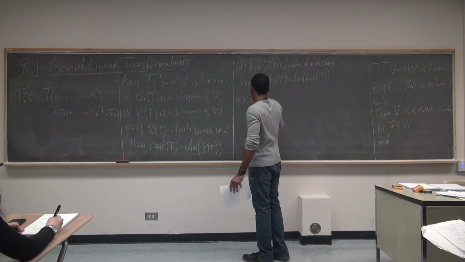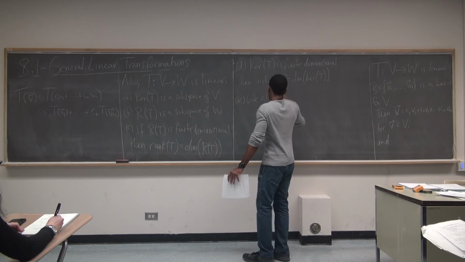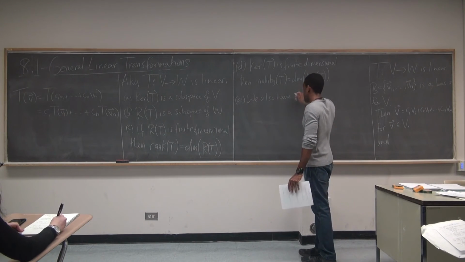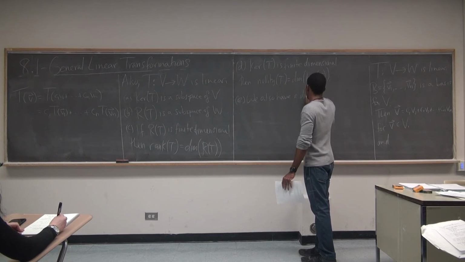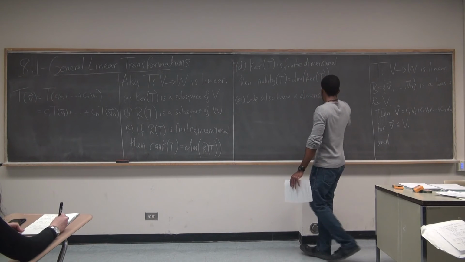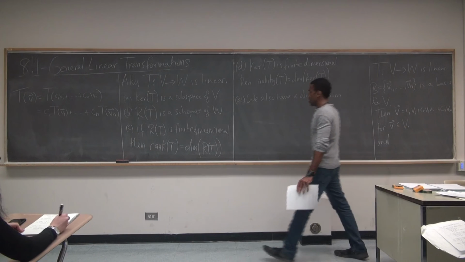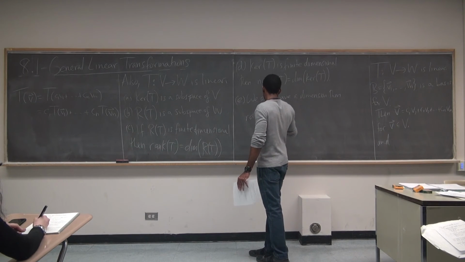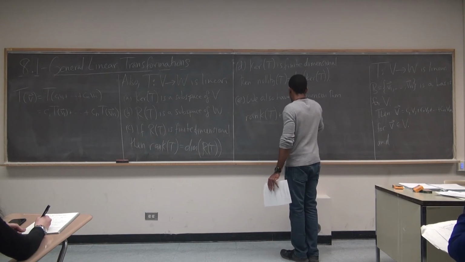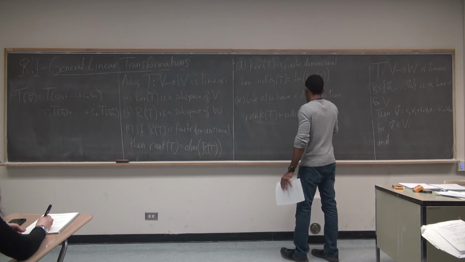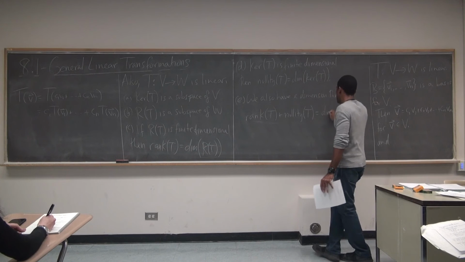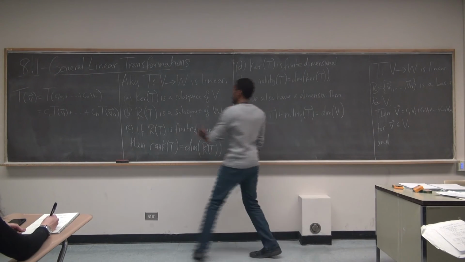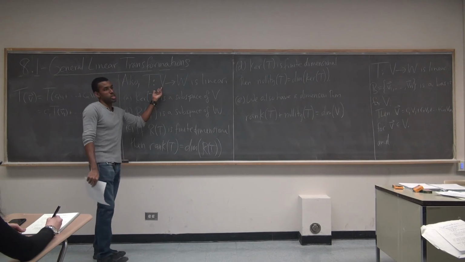We also have a dimension theorem here, which is the same old dimension theorem, just stated differently as if it's something different, but it's not. Okay, the rank of T plus the nullity of T gives you the dimension of V, which, by the way, V is your domain, which is the input, which is the number of columns.